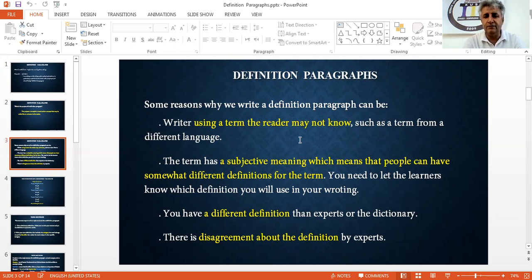Or the term might have a subjective meaning, which means that people can have somewhat different definitions for the term, so the writer has to let the learners know which definition they mean. Or there might be a different definition than experts or the dictionary. And sometimes there is a disagreement about the definition of a term by experts.